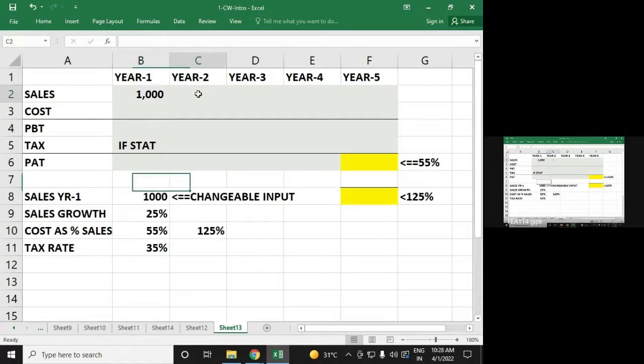Okay, so let's do it here on screen. So next year's sale would be 25% more than last year's sale. So the growth formula is the same, whatever is the last year's sale plus 25% of last year's sale. In that 25% we will put a dollar sign.